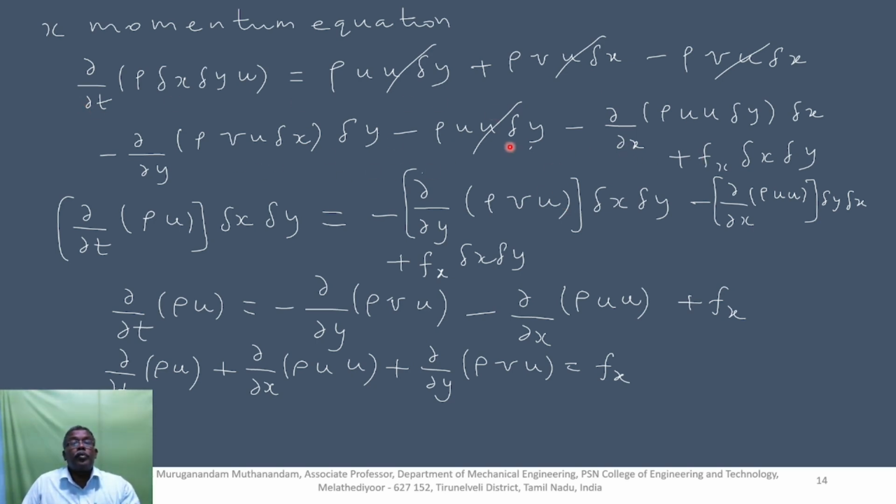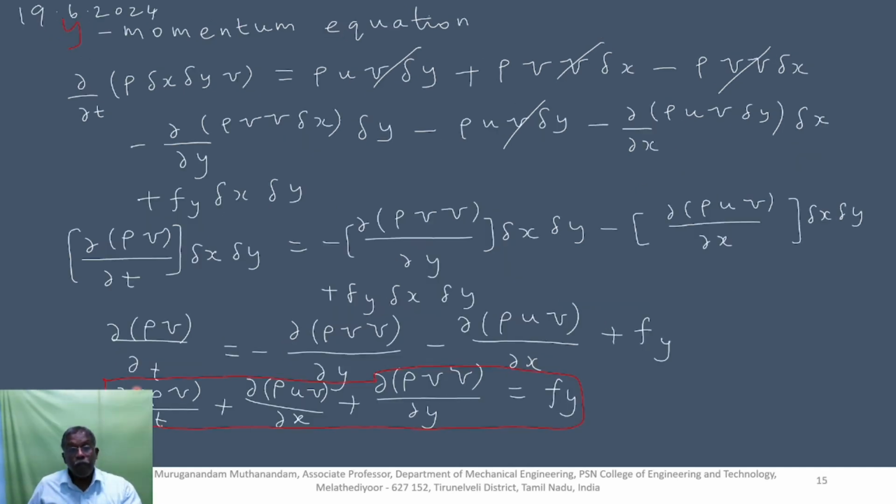In all these terms, after simplification, delta x delta y is common, which can be taken outside, the product of which is not equal to 0, hence the remaining equation is shown here after removing delta x delta y on both sides. We obtain the simplified form of the equation as shown here. Partial rho u upon partial t, plus partial rho u u upon partial x, plus partial rho v u upon partial y is equal to fx. This is the x momentum equation.